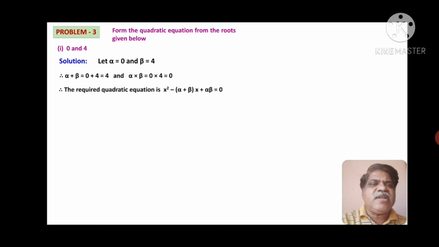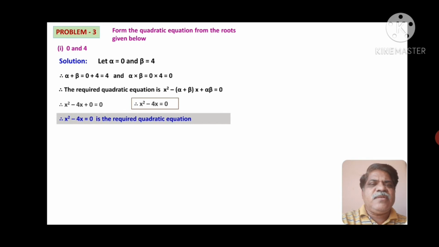The required quadratic equation is x square minus (alpha plus beta) into x plus alpha beta is equal to 0. Now substitute the values of alpha plus beta and alpha into beta. Therefore, x square minus 4x plus 0 is equal to 0, means you will get x square minus 4x is equal to 0. Therefore, x square minus 4x is equal to 0 is the required quadratic equation.